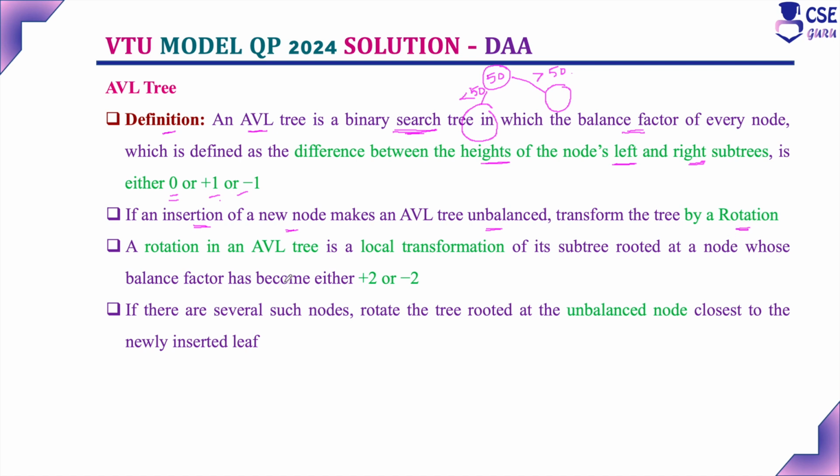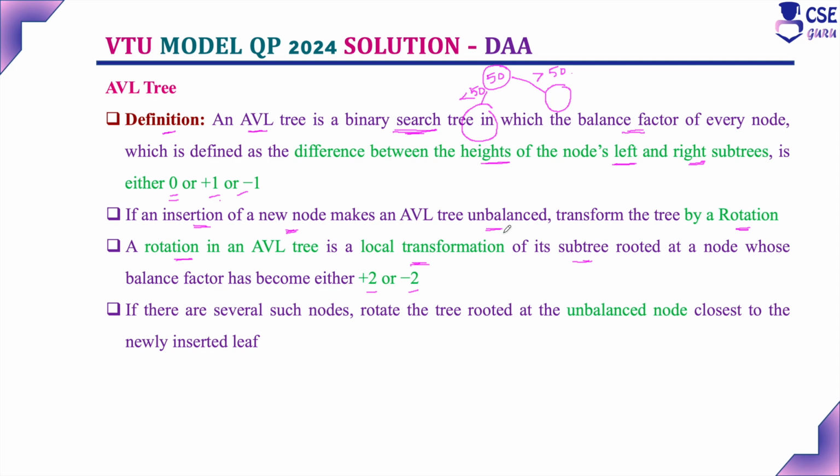What do you mean by rotation? Rotation is a local transformation of the subtree rooted at a node whose balance factor has become either +2 or -2. Whenever you insert a new node into a binary search tree and the tree becomes unbalanced, that tree is not an AVL tree.